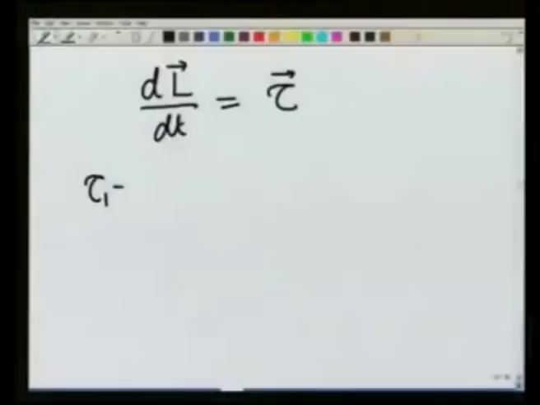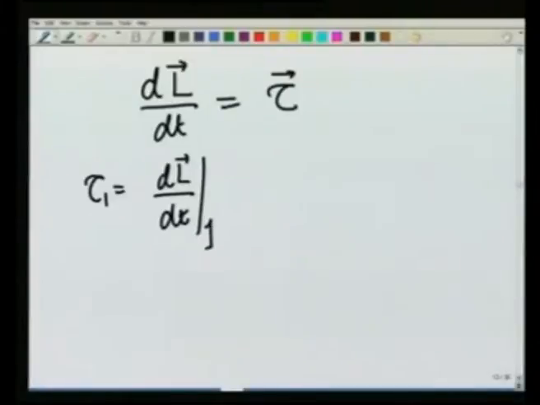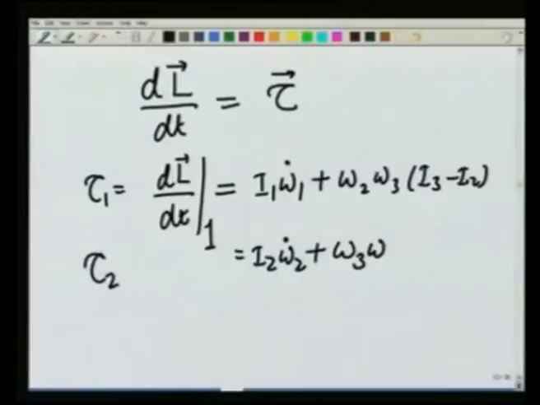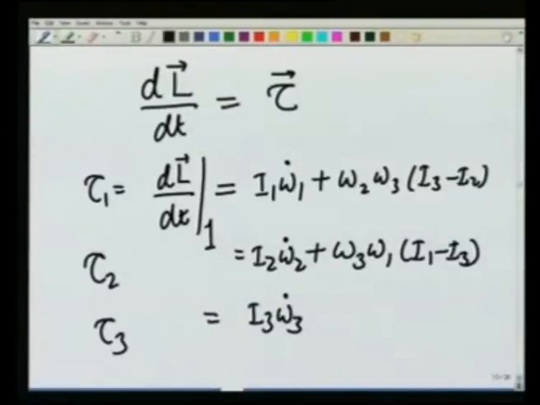So, tau 1 should be dL over dt along principal axis 1, and that comes out to be I1 omega 1 dot plus omega 2 omega 3 (I3 minus I2). Similarly, tau 2 comes out to be I2 omega 2 dot plus omega 3 omega 1 (I1 minus I3), and tau 3 comes out to be equal to I3 omega 3 dot plus omega 1 omega 2 (I2 minus I1).